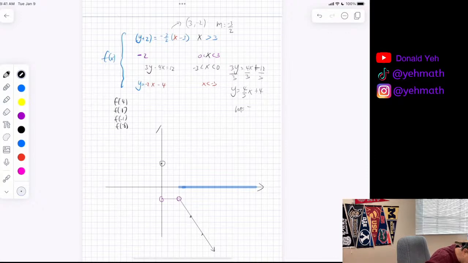The slope is -4 over -3. Why? Because 4 over 3 is the same thing as -4 over -3, so it can go backwards. And the last part is going to be -2x - 4. So I'm going to start at -4 right here. The slope is -2, which is -2 over 1. So it's going to give you a line like this. But this point is going to move forward.